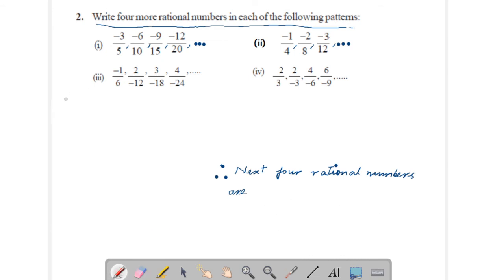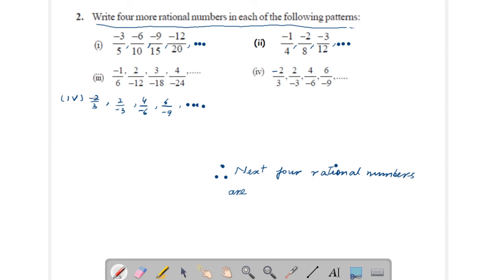Now come to fourth part. It is minus 2 upon 3, 2 upon minus 3, 4 upon minus 6, 6 upon minus 9, and so on.